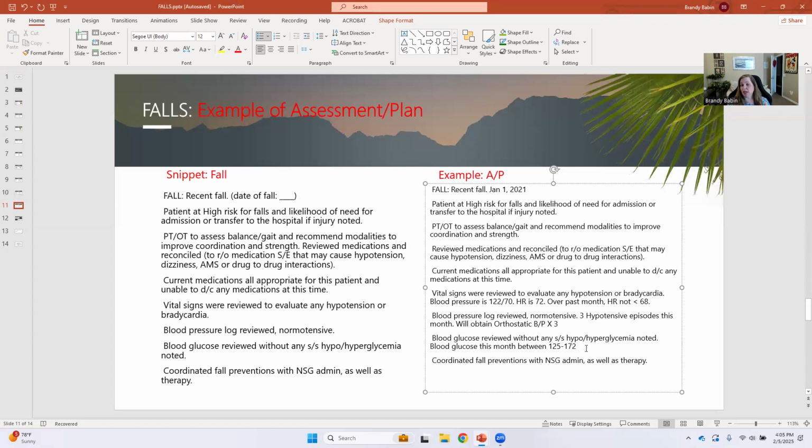Because if they had 3 episodes of blood glucoses at 62, 64, and 66, even though it might not have contributed to the fall, that should be a trigger in your head that there needs to be an adjustment to either medications or a bedtime snack, etc. And then you coordinated those fall preventions with nursing administration as well as therapy. So you're going to do that in your morning clinical meeting.